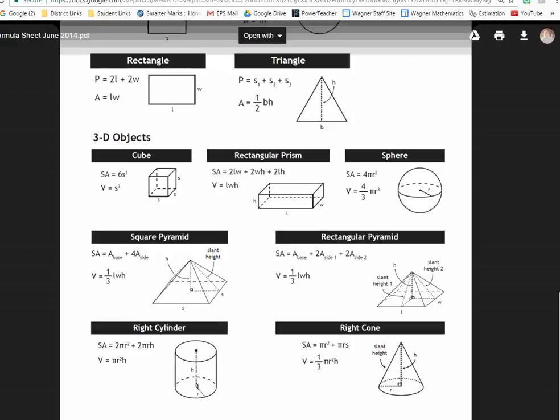So here it is, length times width. So that's for a square pyramid. Technically, notice it's the same formula that we wrote down for a rectangular pyramid. The only difference here is the length and the width will be the same dimensions. So you could have also had side squared times h. 1/3 side squared, right? Because this has an s in it. What letter is this on your formula sheet?